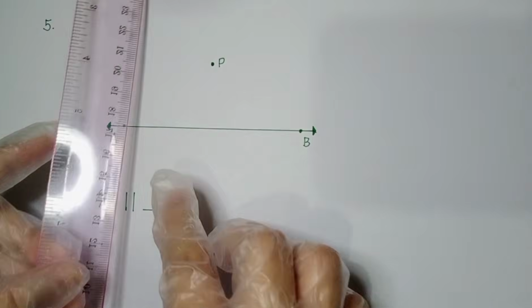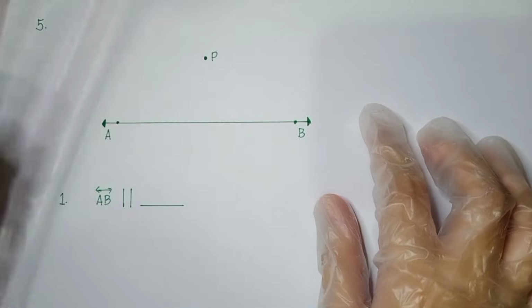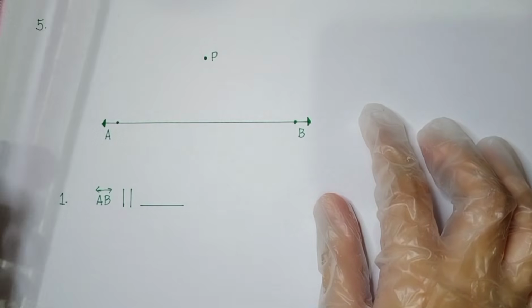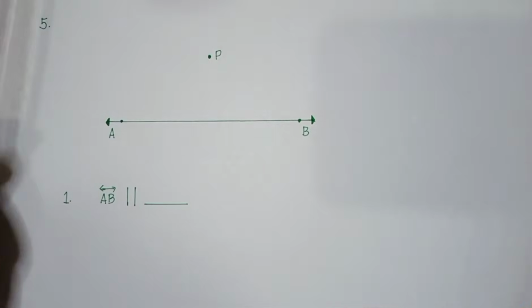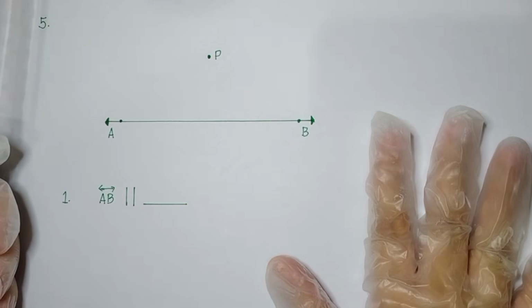Paano natin gagawin yung line na parallel? Hindi pwedeng magsukat tayo dyan. Okay? Bawal yon kapag construction. So, paano natin siya magagawa ng tama? Without using measurements, of course.